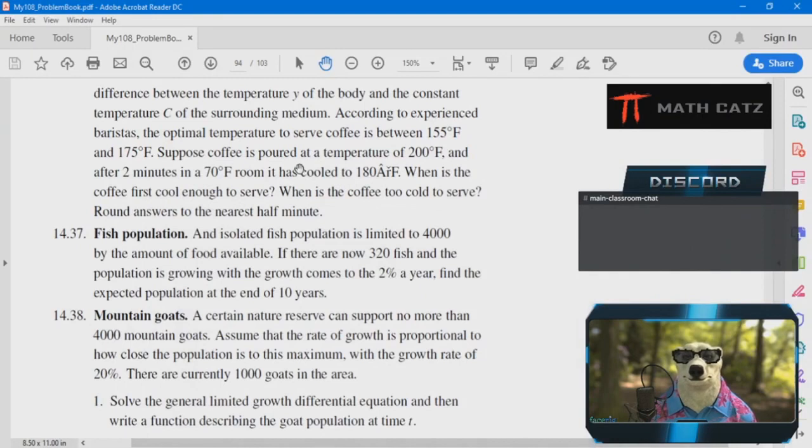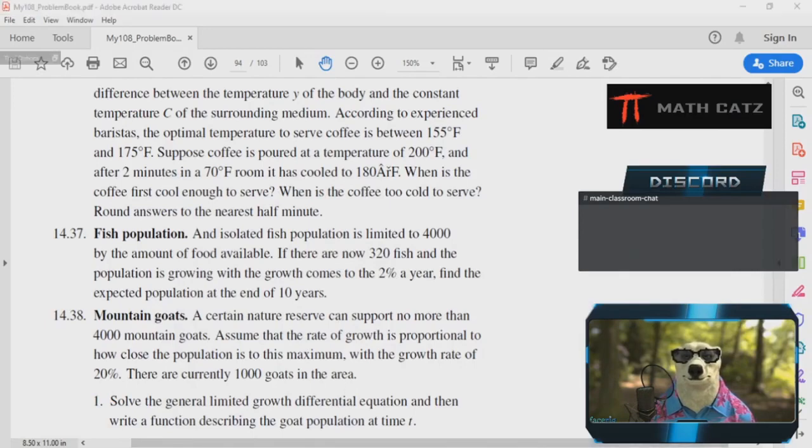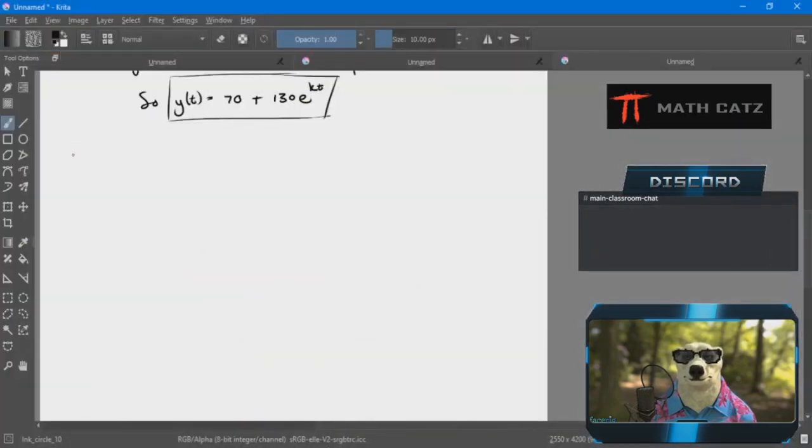So this is why they tell me that after 2 minutes, it's cooled to 180 degrees. So we also know and can extract the property of the coffee in terms of how fast it cools, that at 2 minutes, I have the coffee at 180 degrees.